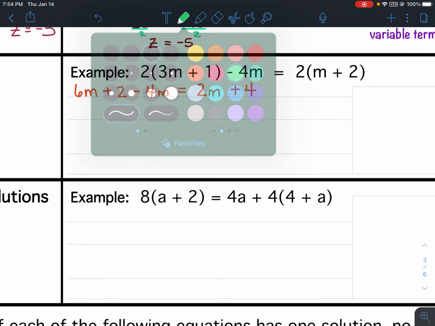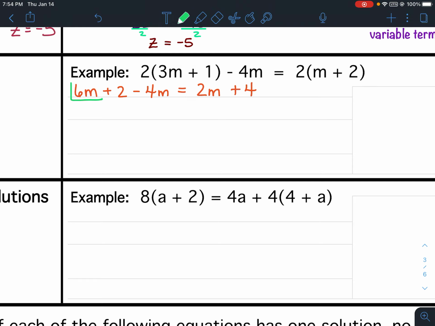All right, combine like terms. So I have 6m here, and negative 4m. And then on the right side, there's really nothing to combine here, so I'll just end up bringing the right side down.